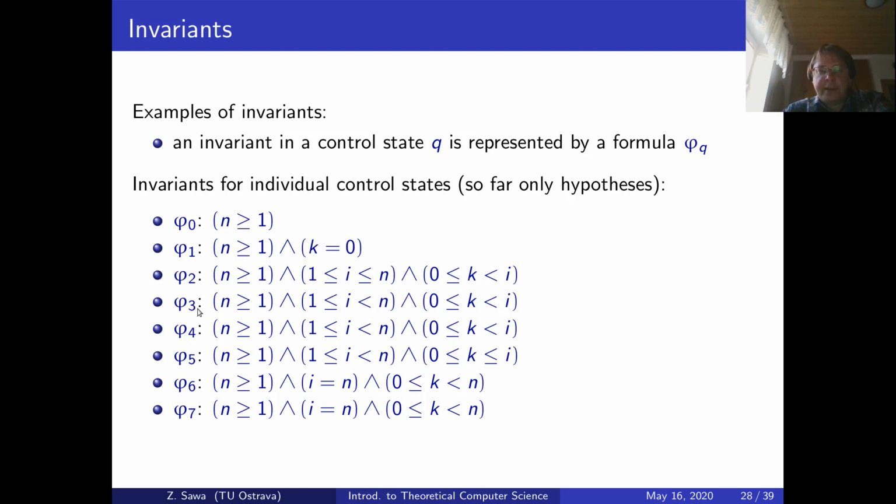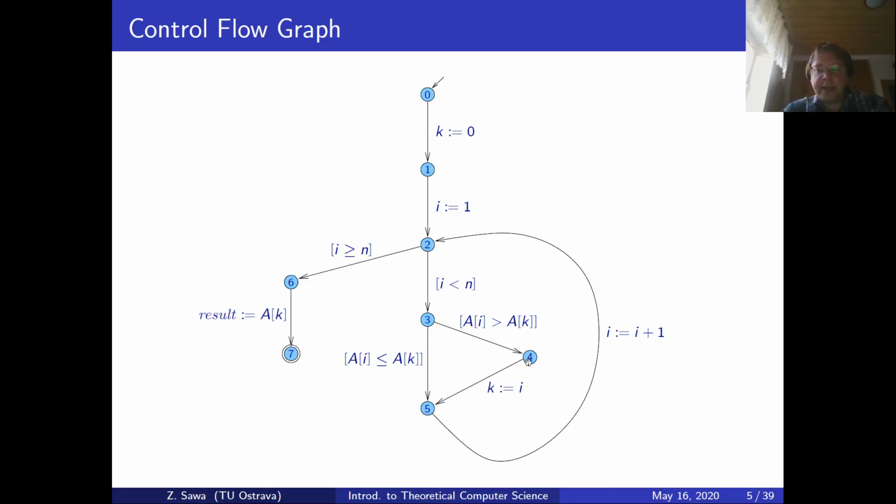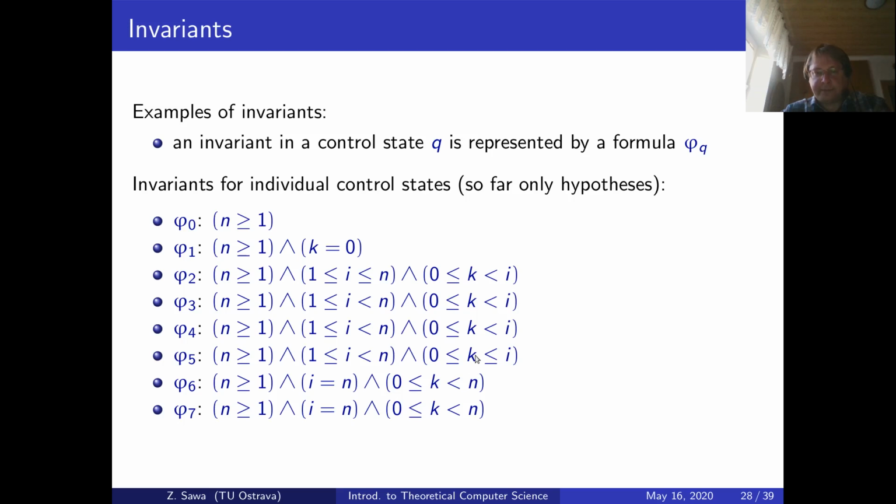In fact, in states 3, 4 and 5, inside the cycle, because we go inside the cycle only in case where i is strictly less than n, here we will have the invariant that the value of i will always be strictly less than n in these 3 states.